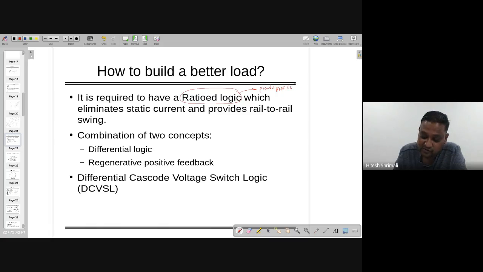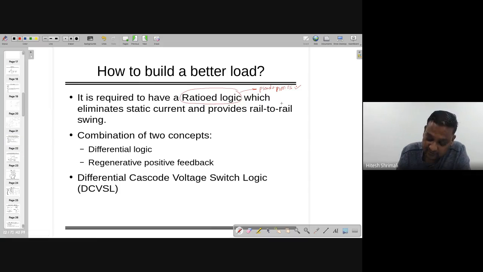Because pseudo-nMOS is going to reduce the number of transistors. It's better than CMOS logic, where I need the same number of transistors, NMOS and PMOS both, and the PMOS has a higher ratio. But in this case, that is not the case.